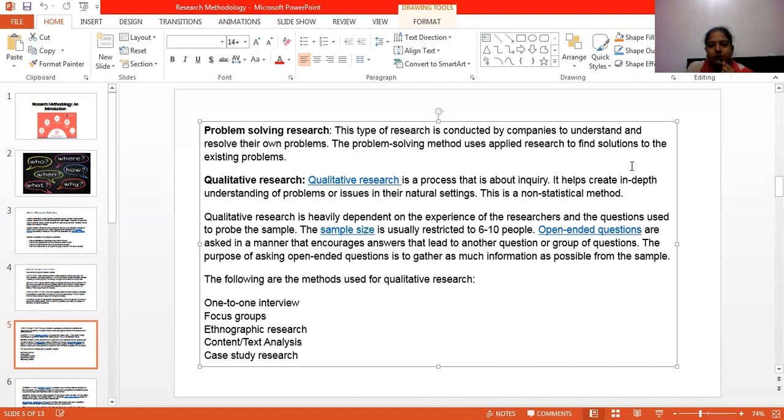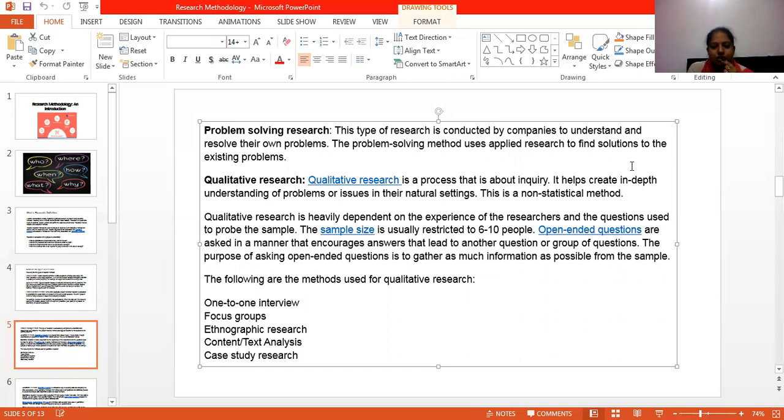This is a non-statistical method. Qualitative research is heavily dependent on the experience of the researchers and the questions used to probe the samples.